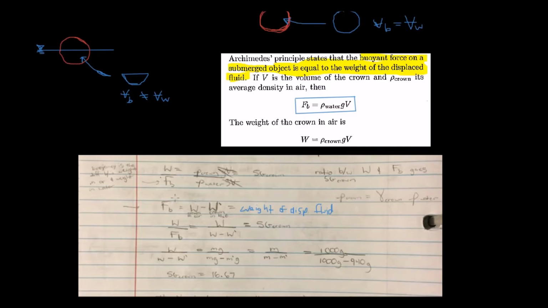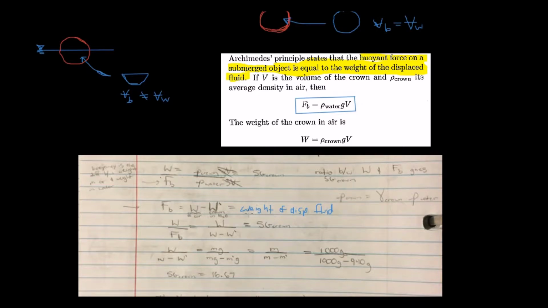Okay, moving on. Instead of saying force of buoyancy equals density of water g V, we can say force of buoyancy equals the weight of the crown in air minus the weight of the crown in water. That gives us the weight of displaced fluid, as we said in the definition.